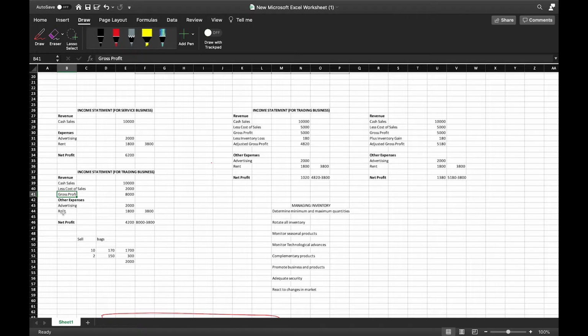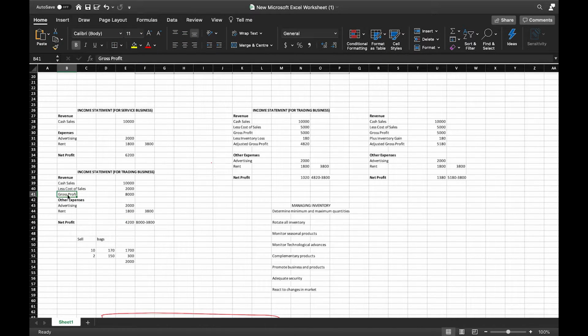We take the gross profit and minus all of the other expenses, just like up here. The total other expenses is 3,800. So we take 8,000, minus 3,800, and we have 4,200 as net profit. Remember, the gross profit here is different from net profit.